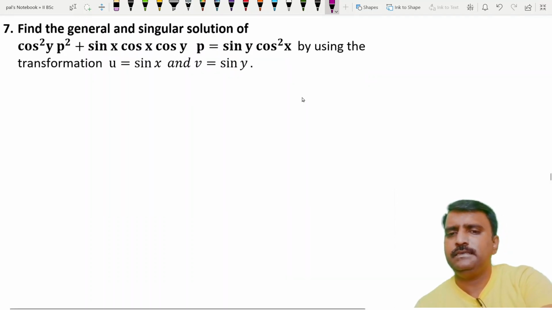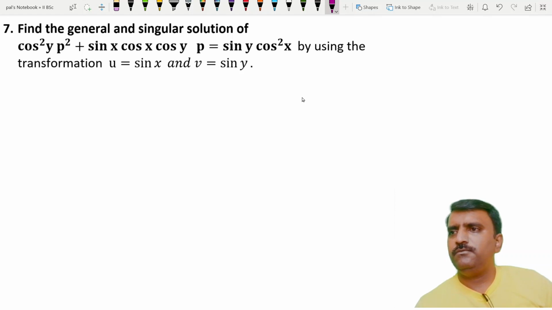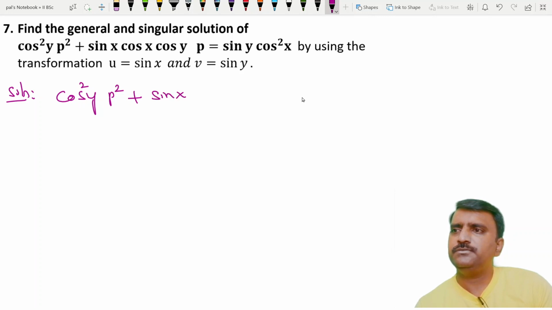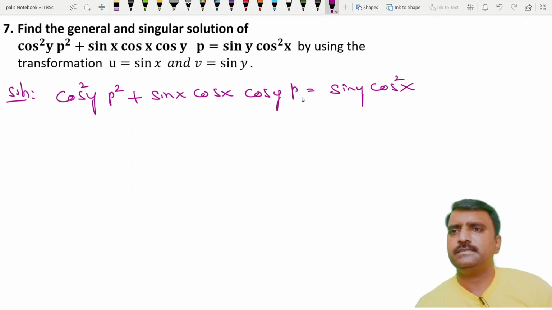Let us write the problem first: cos square y into p square, this is small p, plus sin x cos y into p is equal to sin y into cos square x.